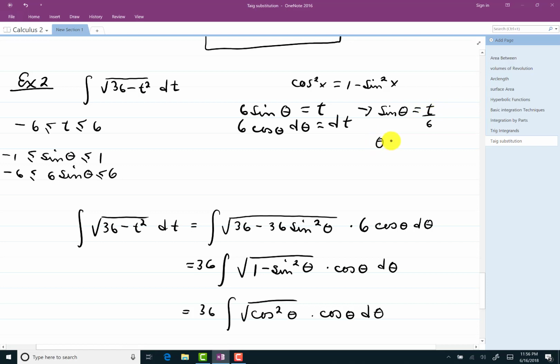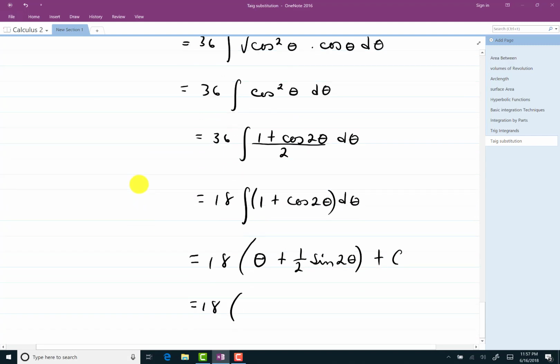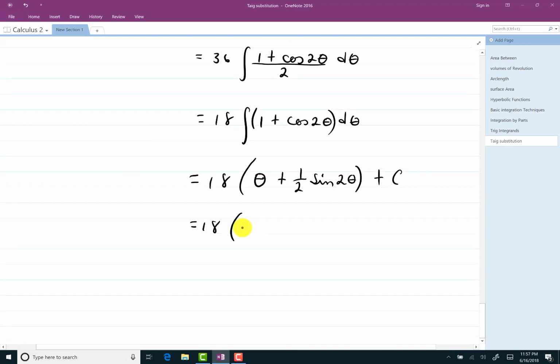And then theta would equal arc sine t over 6. So I'll get arc sine t over 6 plus, this is where I'm going to use the identity that this part equals 2 sine of theta cosine of theta. So I get sine of theta times cosine of theta.